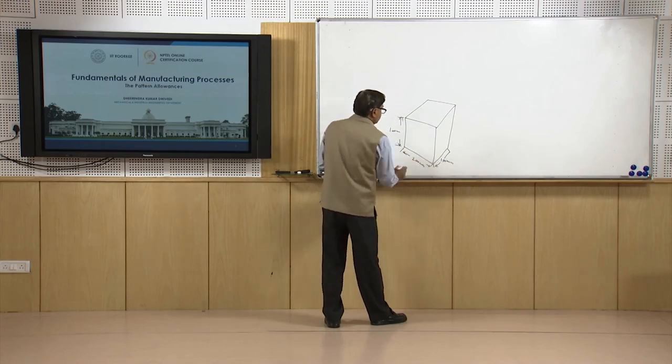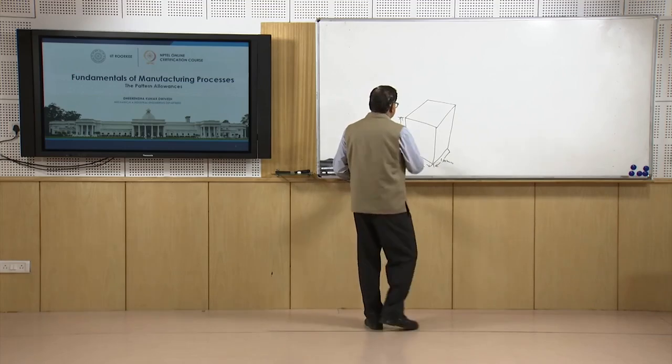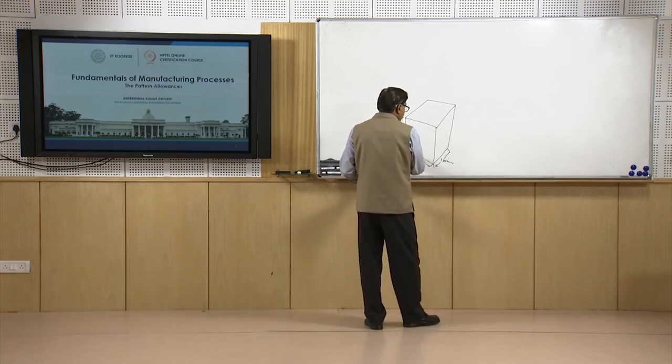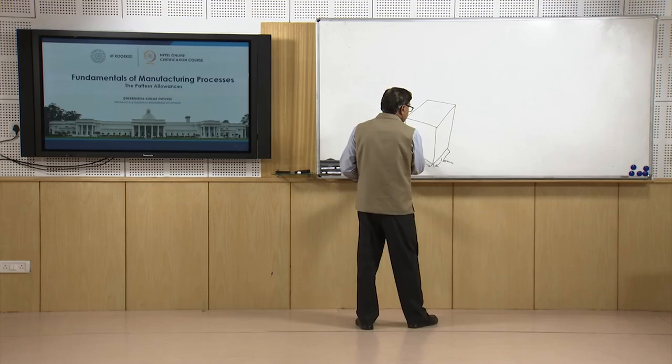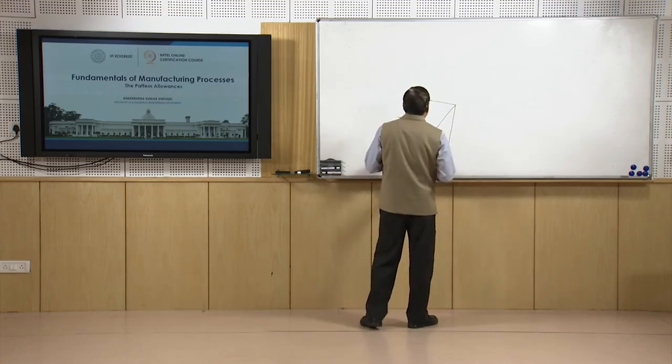So, these are the three dimensions: height, width, or you can say thickness, width and length.